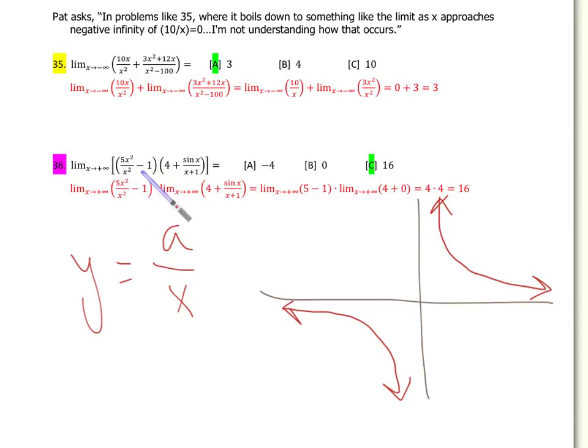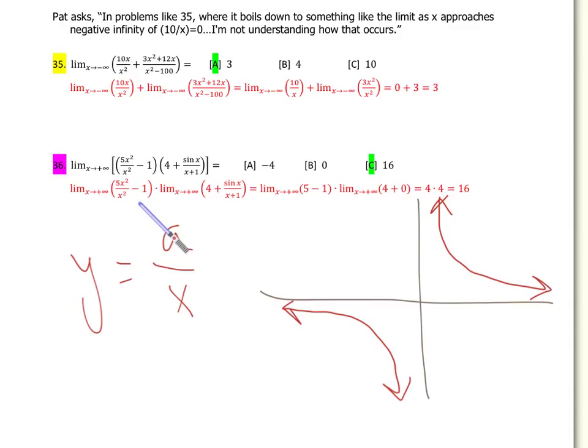What is this term going to become? That's the limit of 5x squared over x squared minus 1. What's this term going to become? That's the limit as x approaches positive infinity of 4 plus sine of x over x plus 1. So we'll figure out this piece first, way out at positive infinity.